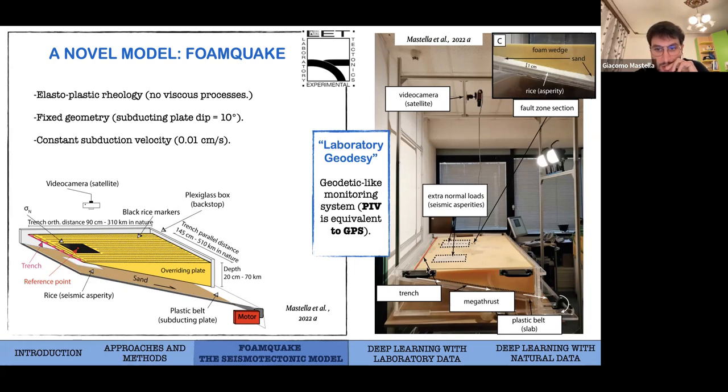Especially, we can discretize the surface velocity field in a grid located above the model surface, where each point of this equally spaced grid is the analog of a GPS station at the natural prototype. So here is an analogy between our monitoring system and a geodetic network in natural subduction zones.